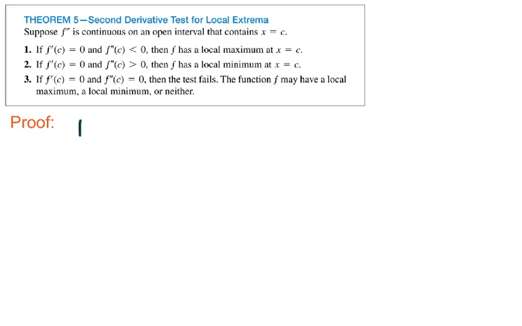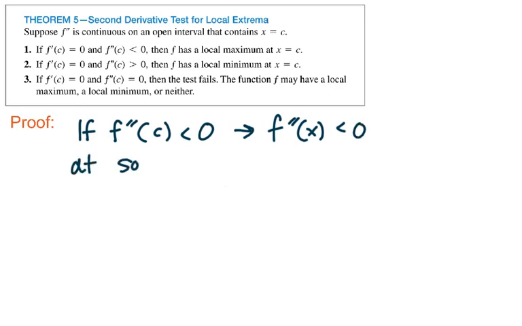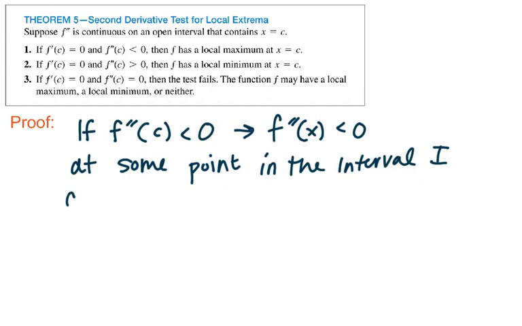So what we say is if f double prime of c is less than 0, then f double prime of x is less than 0 at some point in the interval I, which contains c. Okay, so there's some other x value in there.